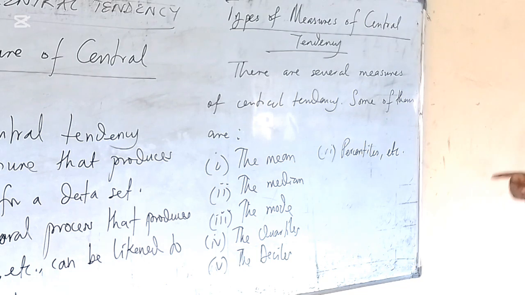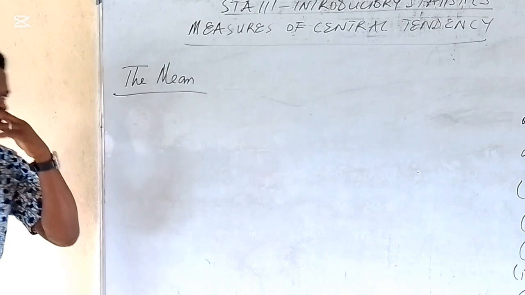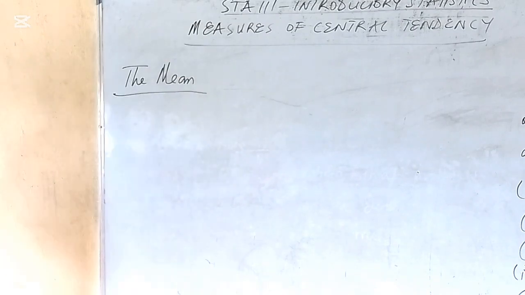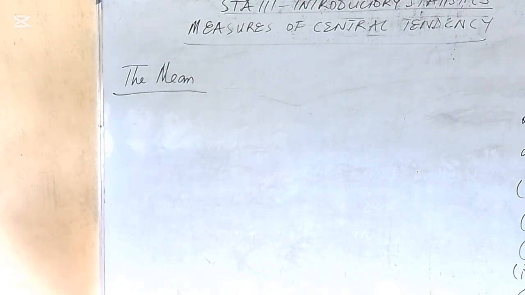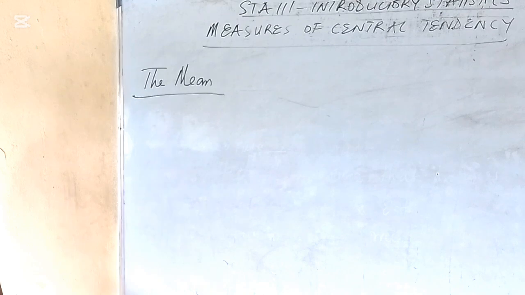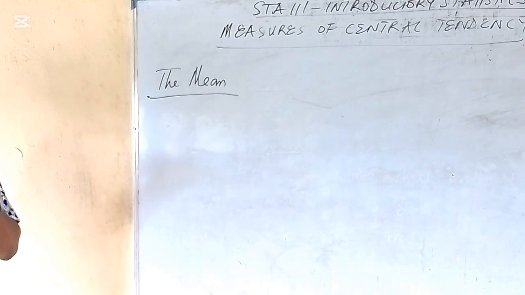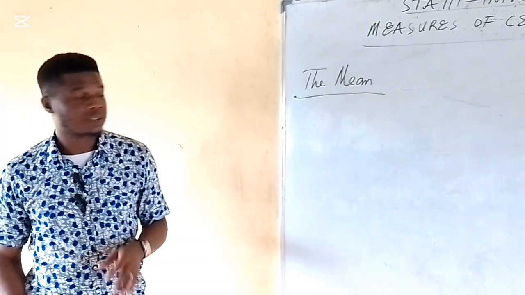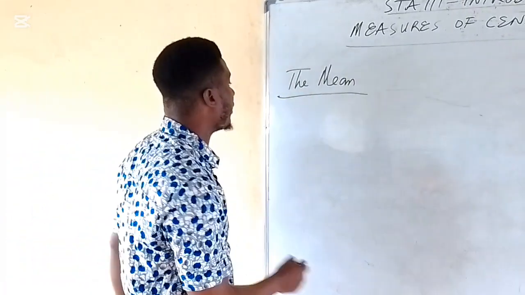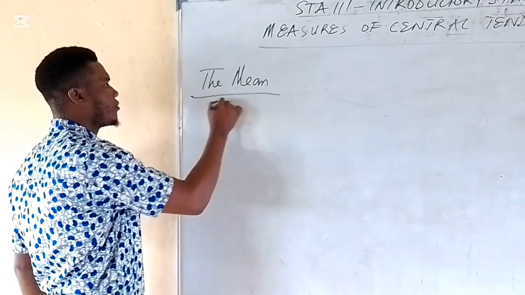We are going to start with the mean. Is it clear? So when we say the mean, students often think that the mean is just the arithmetic mean, or the mean is just the average. There are several types of means. So we are going to consider the following.